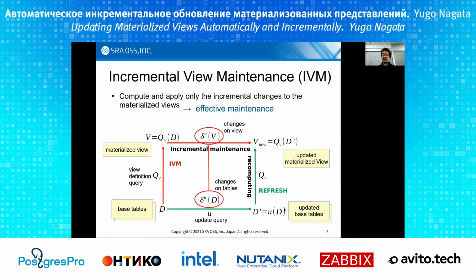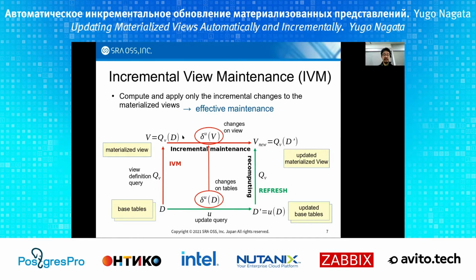And with this updated base table and the view definition query, we can get the updated materialized view. This green line is recomputing. That is what the refresh command is doing.